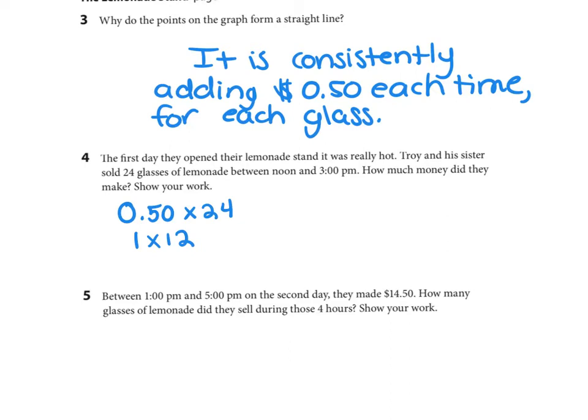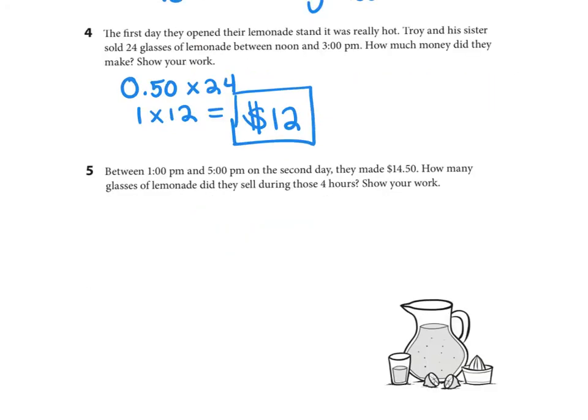I'm going to take half of 24. 1 times 12 is $12. And so how much money did they make selling 24 glasses of lemonade? $12.